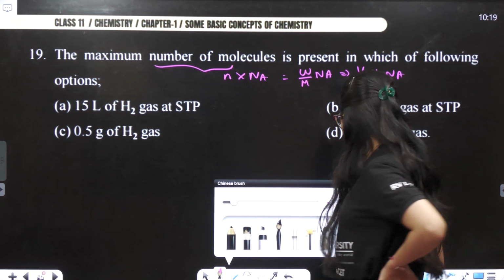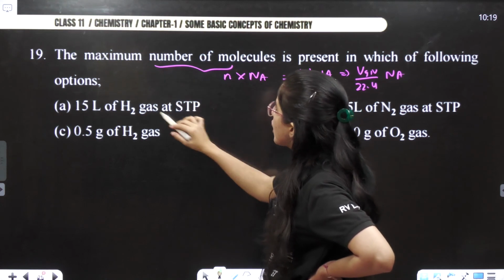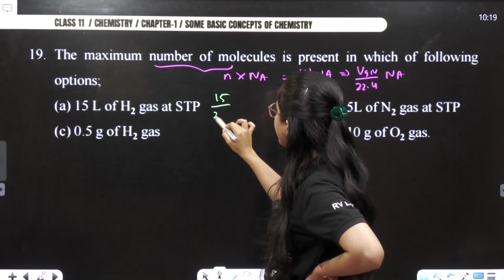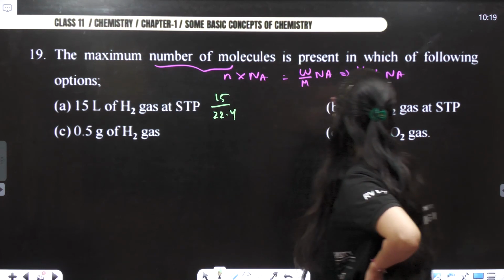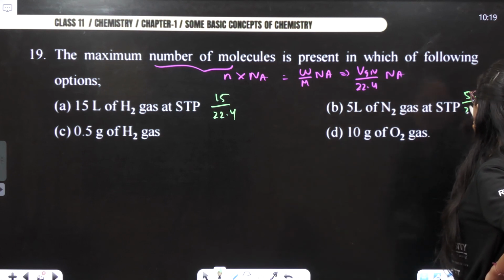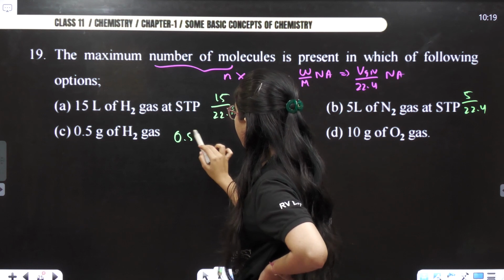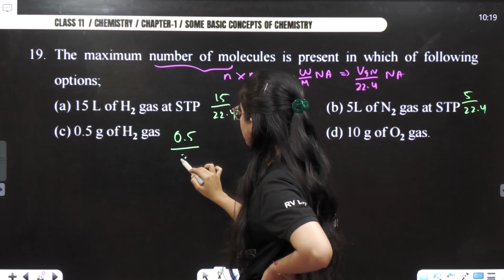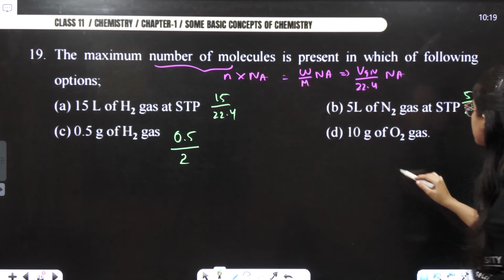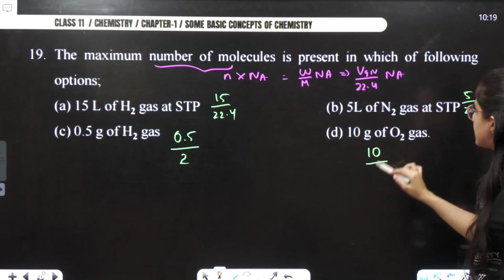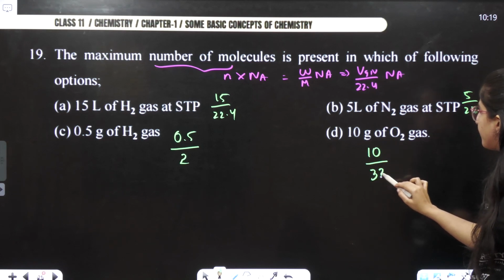Just do it. So here in the first case, what you will do? You will take 15 divided by 22.4 liter. In this case, 5 divided by 22.4 liter. And in this case, 0.5 divided by, what is the mass of hydrogen? 2. And in this case, you will be taking 10 divided by 16 twos are 32.